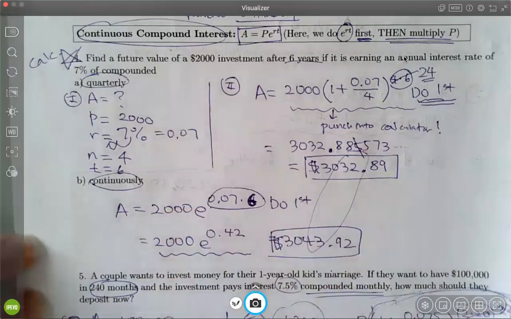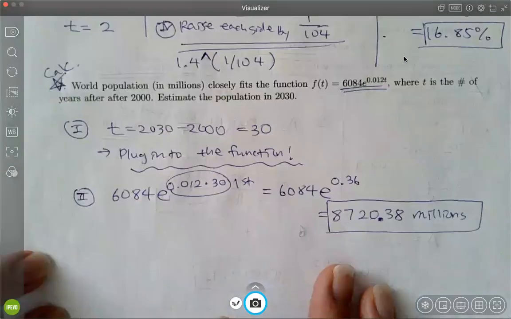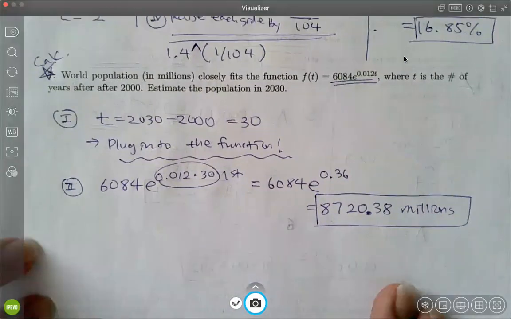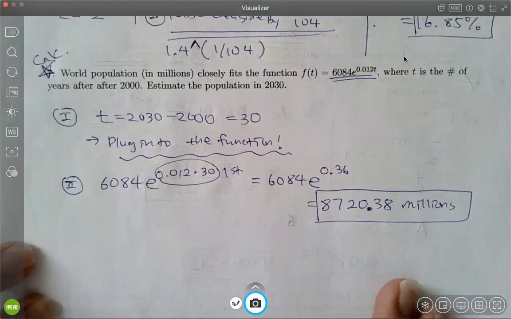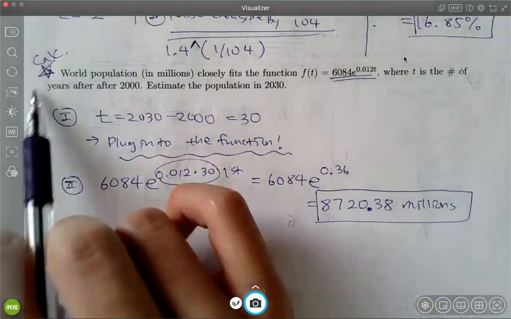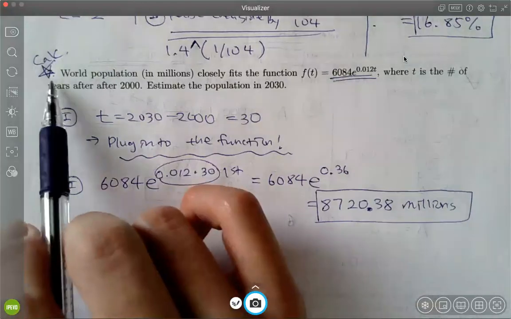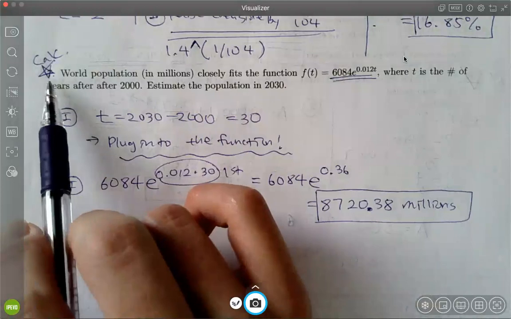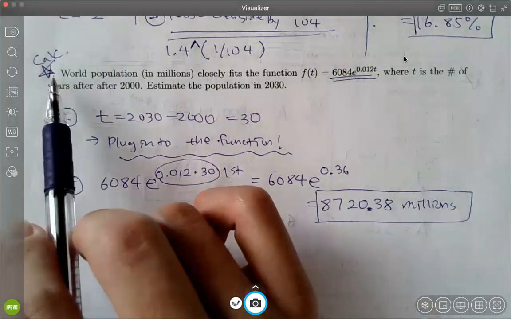Okay, and then also, we did this problem on the next page, which is about finding the world population. I didn't mention this yesterday, but this is also a calculator problem, which means a similar problem like this will appear on exam 4.